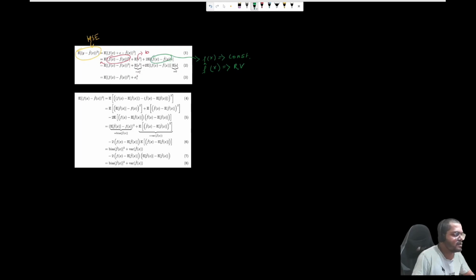So this whole term, f(x) minus f hat(x), is a random variable, and epsilon is also a random variable. This is my noise, random noise.